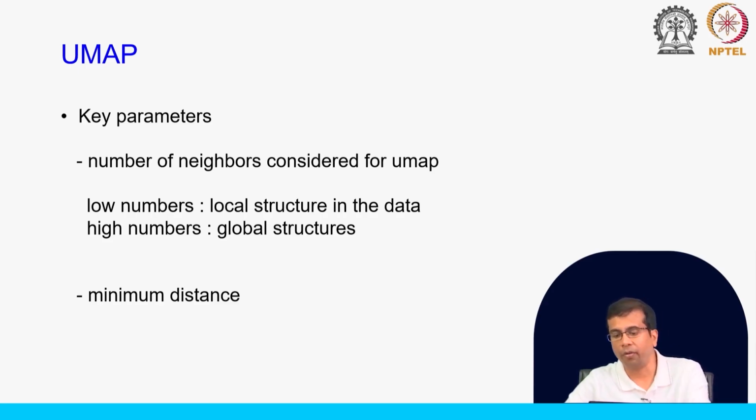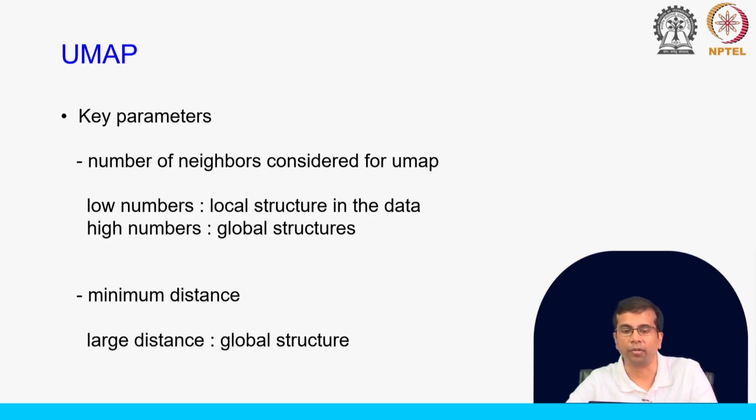It is very similar to what we discussed for number of neighbors. If you have a large distance, you are maintaining the global structure and you can visualize the global structure, whereas if you choose a small minimum distance, then you are probably preserving the local structure. This is something we have to keep in mind. You can try this in the hands-on, vary these parameters and see how these structures vary.